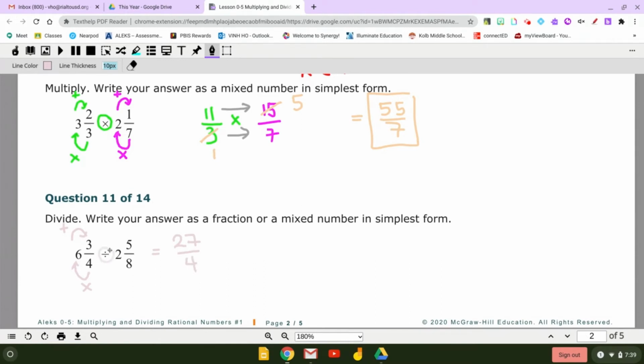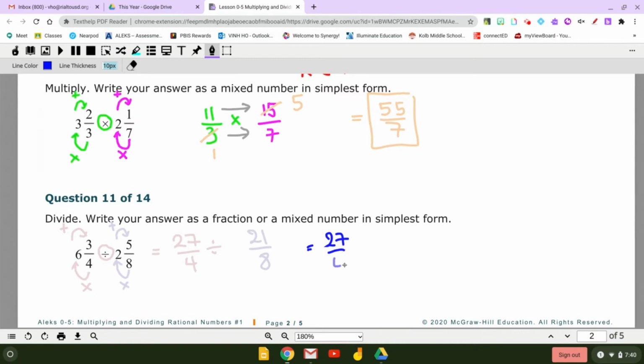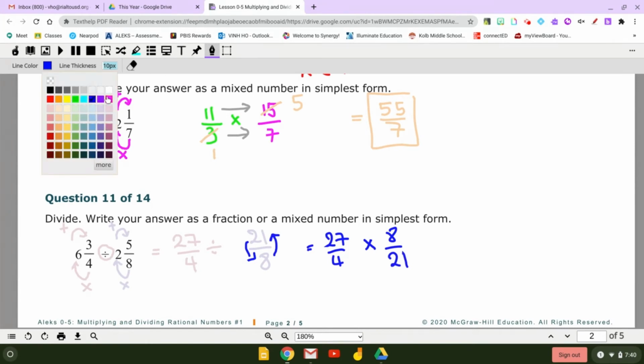I'm going to keep the division, and then we're going to work with this. 8 times 2 is 16, plus 5 is going to be 21 over 8. After we rewrite them, then we can do the keep, change, flip. Keep the 27 over 4, change the division to multiply, and flip the 21 over 8 to 8 over 21.